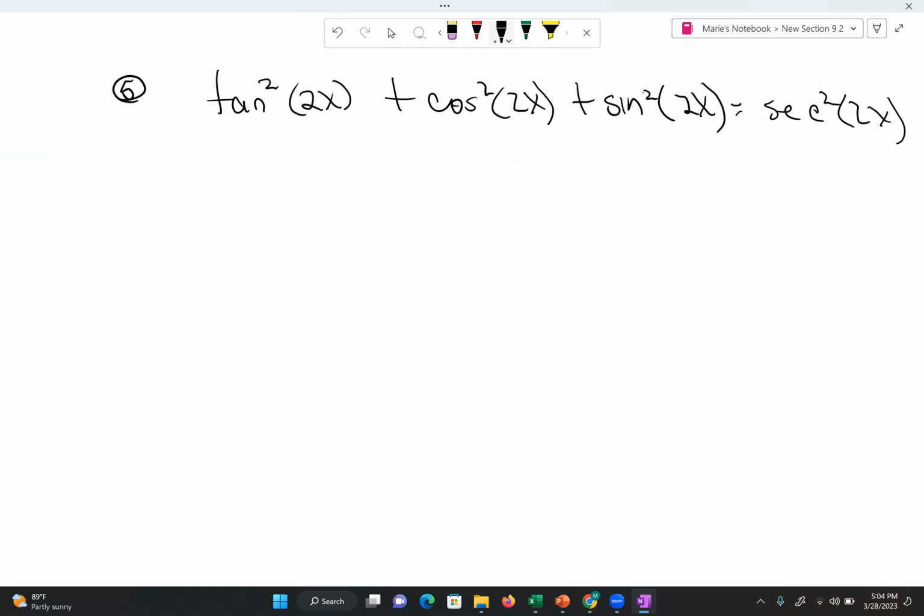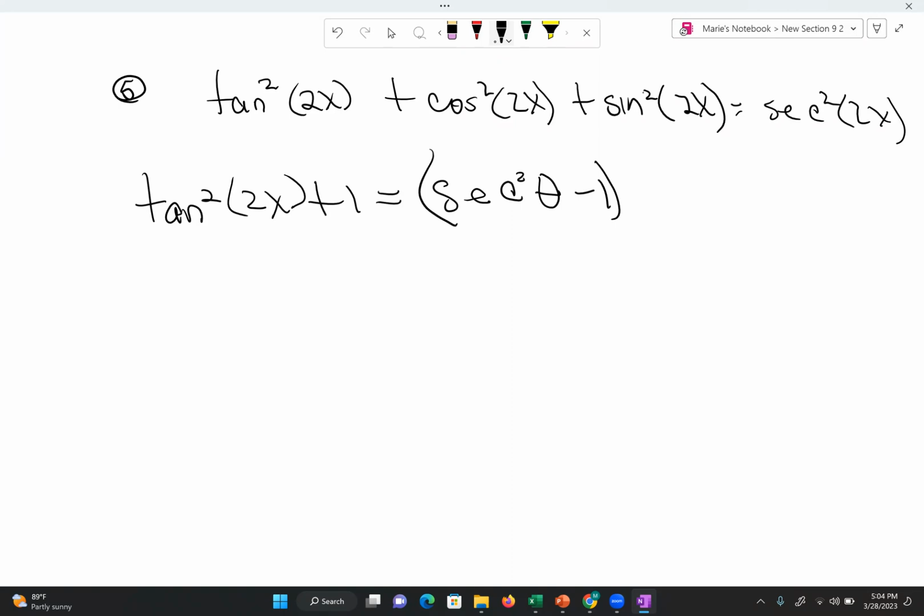So going back to your basics, you know that tan squared 2x plus 1 is equal to secant squared theta minus 1 plus 1.